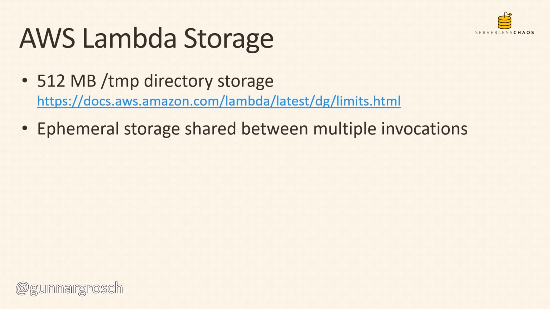And this is ephemeral storage, and it is shared between multiple invocations of your Lambda functions. So that means that even if you call the same function more than once, they might have access to the same temp directory storage.